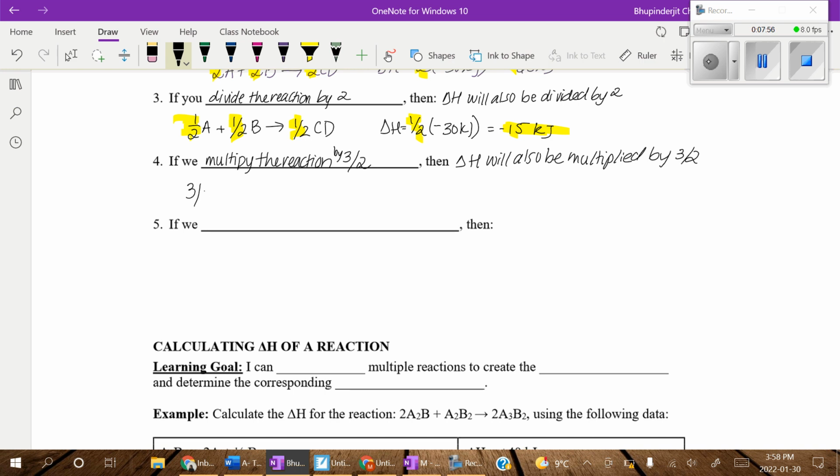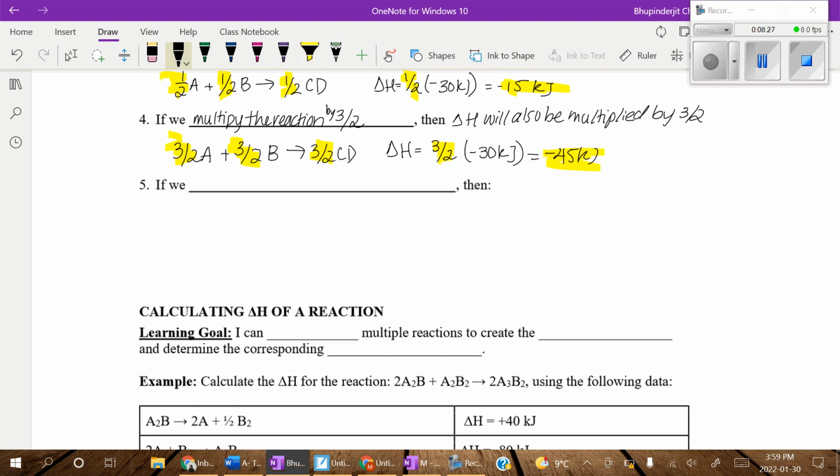So we will have 3 over 2 A plus 3 over 2 B goes to 3 over 2 CD. Delta H will also be multiplied by 3 over 2, which gives me a new value of negative 45 kilojoules.